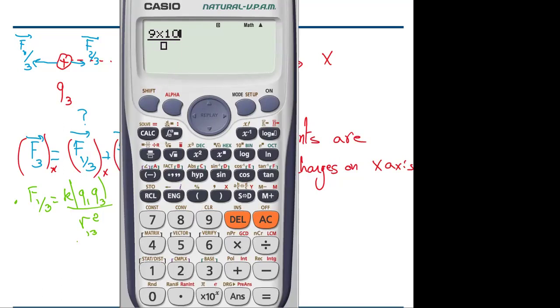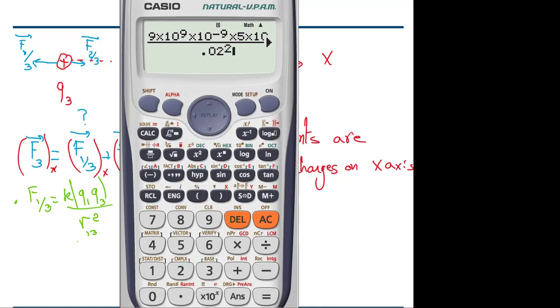9 times 10 power 9 multiplied by 10 power negative 9 multiplied by 5 times 10 power -9 also, divided by 0.2 squared.